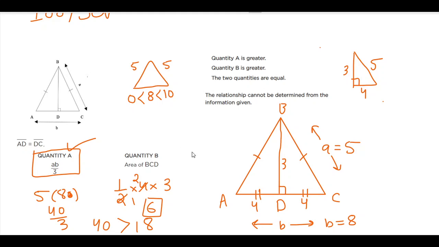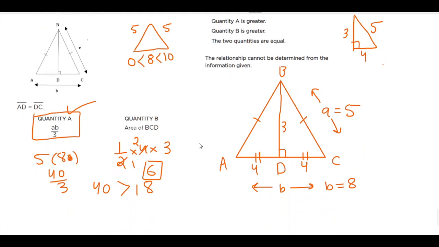Okay, Nina, what was your shortcut? For finding the area of BCD, we know that a triangle is half base times height. For this case, we know that the base will be B by 2.